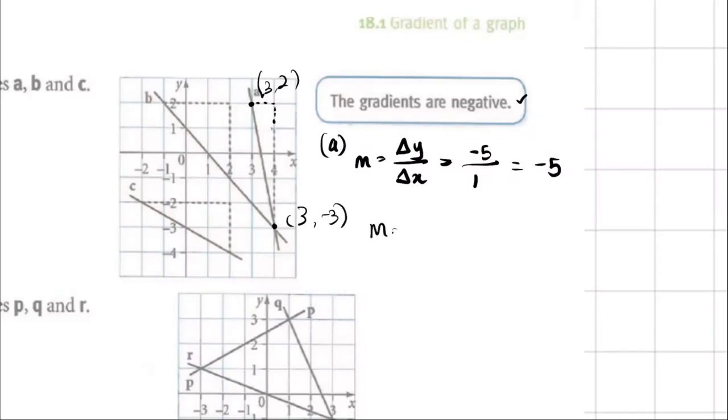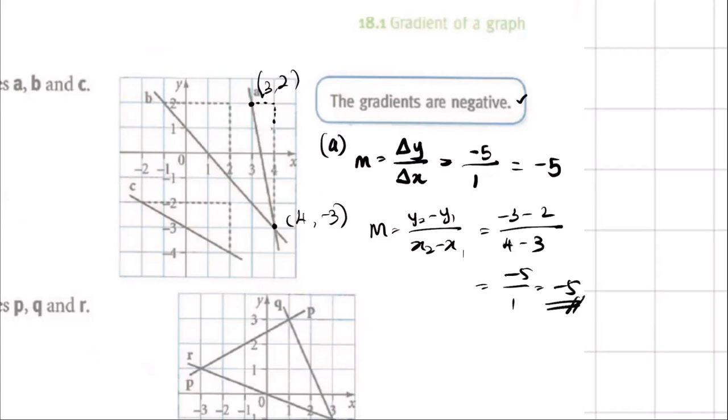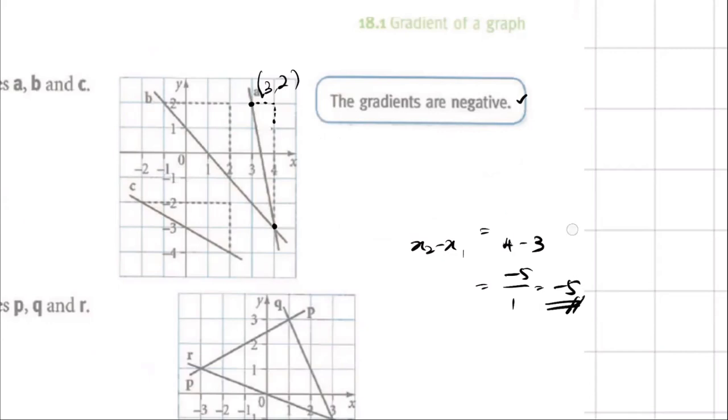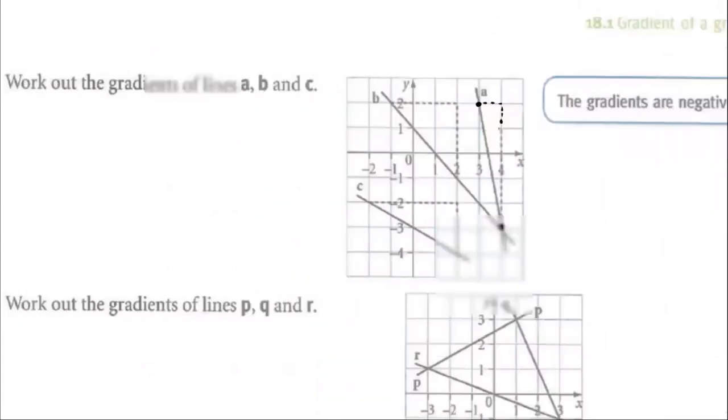So m is equal to y2 minus y1 over x2 minus x1, which is negative 3 minus 2 over, oh, it's 4, 4 minus 3. That's the answer. Okay. All right.